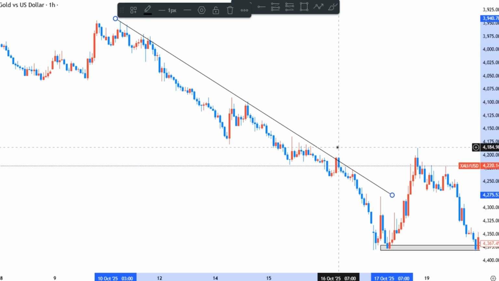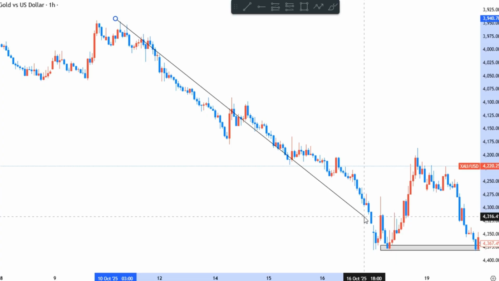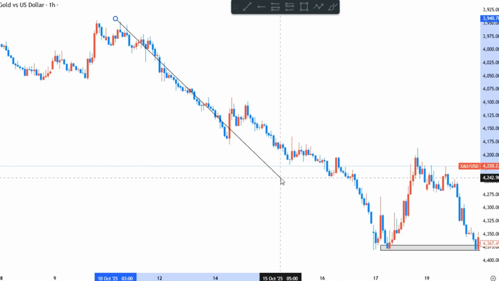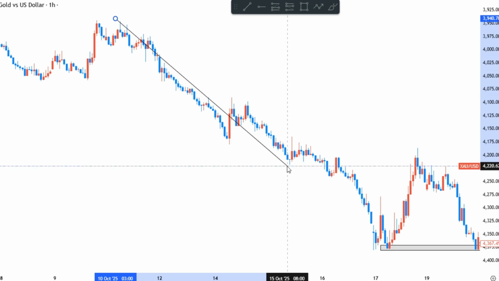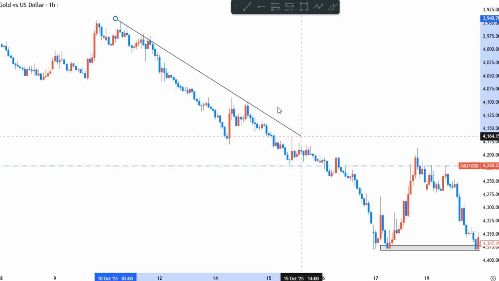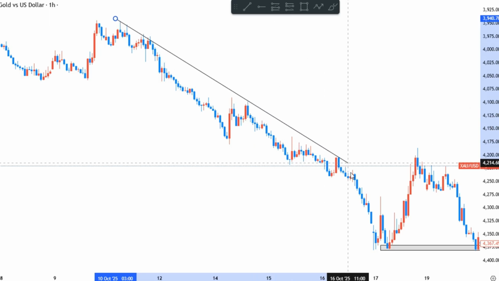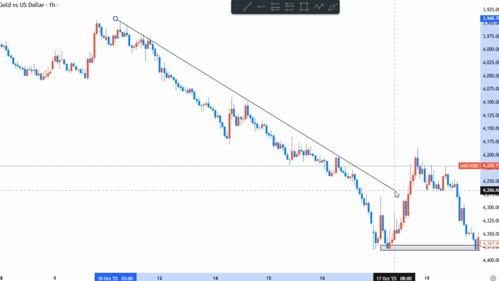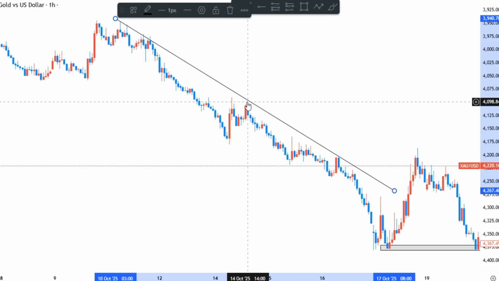Now, rule number two, don't force your trend line. The market should respect the trend line naturally. If you start bending the line to match your price, you will get fake signals. So you must put your trend line on the points.